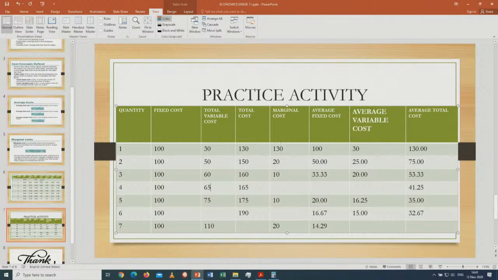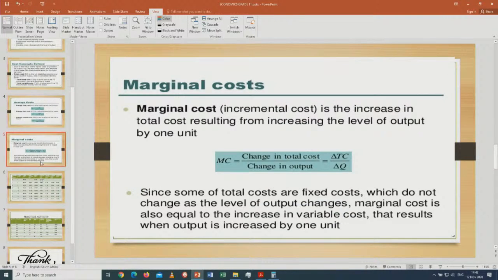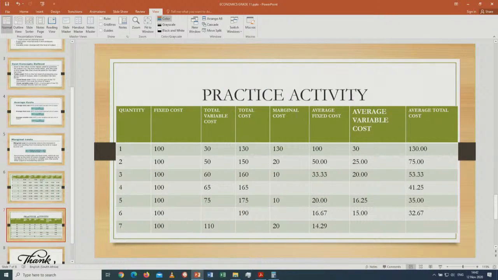And then remember always to know what it is that you are doing. Always remember what you are doing. A change in your total cost over your change in output again. What do we say? The marginal, the extra unit that we have produced. What is our total cost in this case?